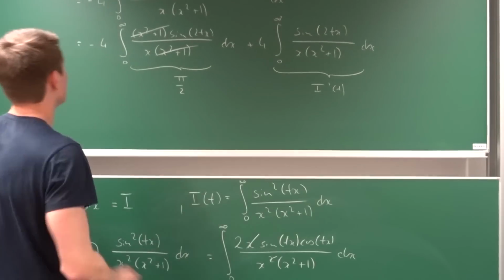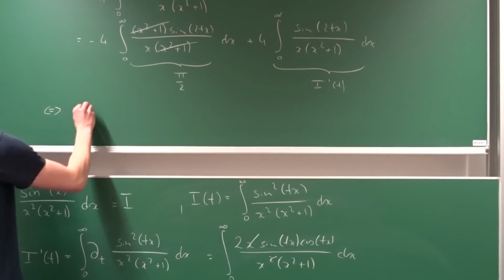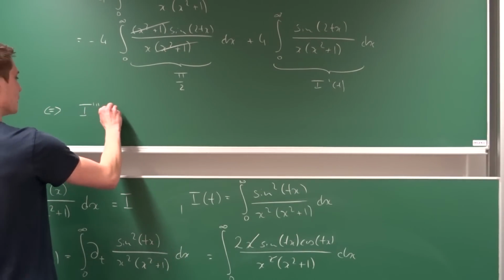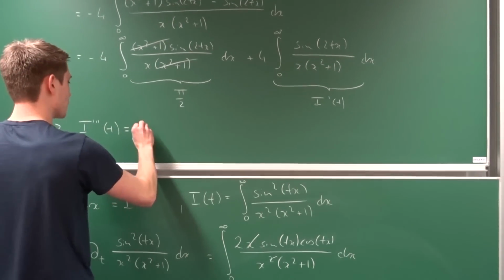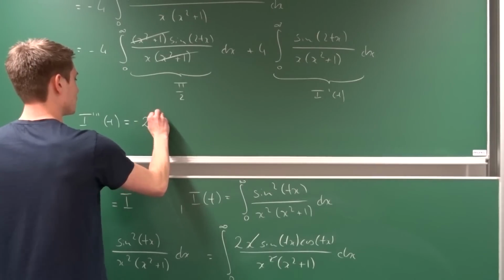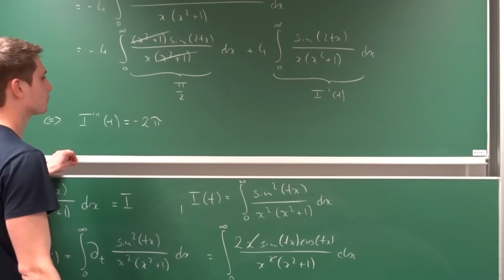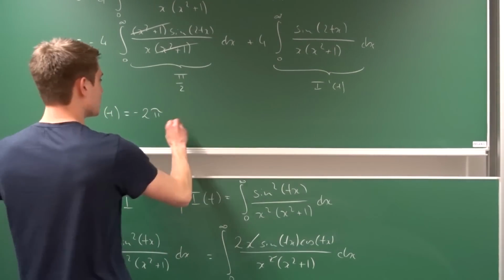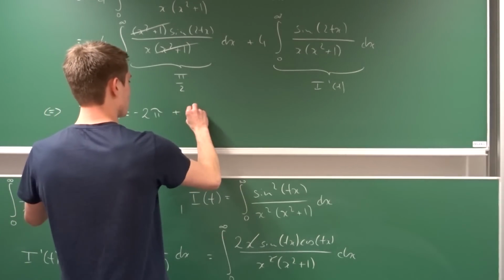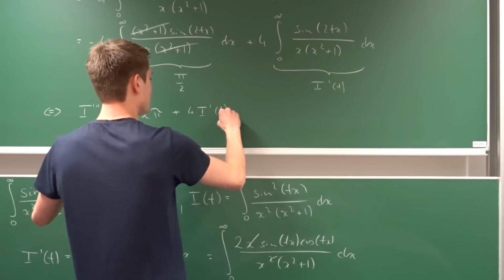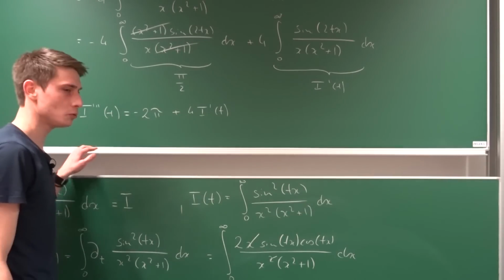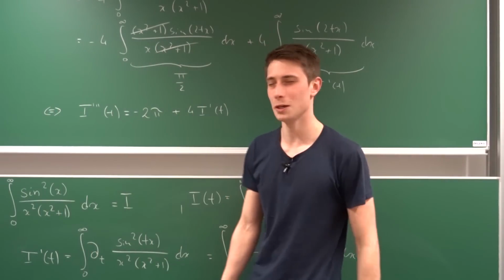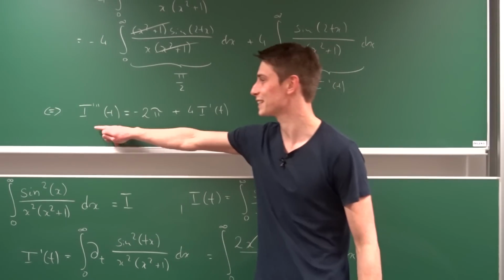So what we end up with is just I triple prime in terms of t. It's nothing else then. Let's distribute this minus 4 into here, so we get minus 2 times pi. So that's great. And also we get positive 4 times I prime in terms of t. Wait a minute. What is that right here?